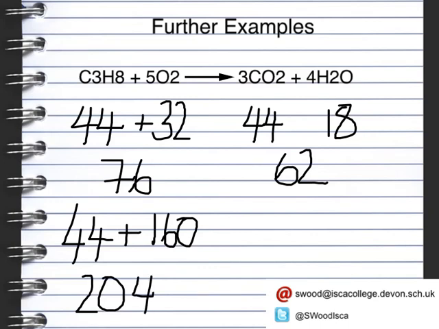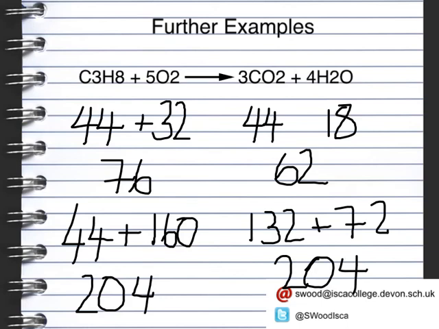We've also got 3 times carbon dioxide, so that will give us a value of 132, and we've got 4 times the water, which gives us a value of 72, which when we add those together we end up with, guess what, 204. So that's how we end up with the mass of the reactants being equal to the mass of the products.